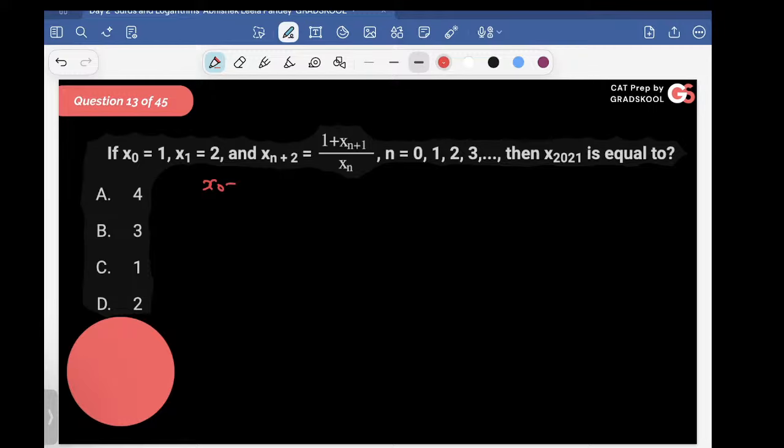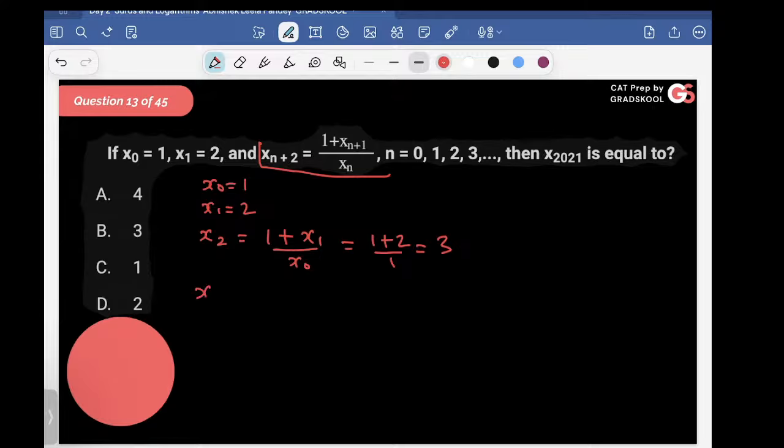X0 is known to us, that is 1. X1 is known to us, that is 2. If I want to find x2, I'll use this. So moment I put n equal to 0, I get 1 plus x1 upon x0, that is equal to 1 plus 2 upon 1, or I can say 3.